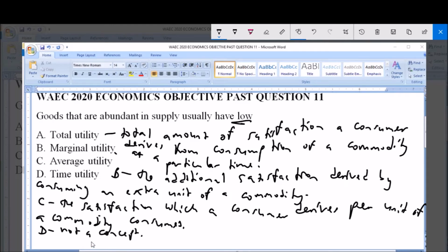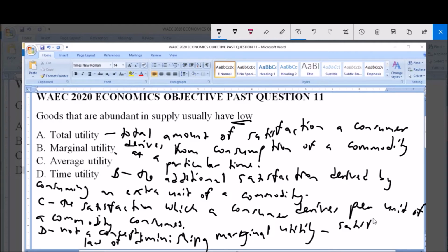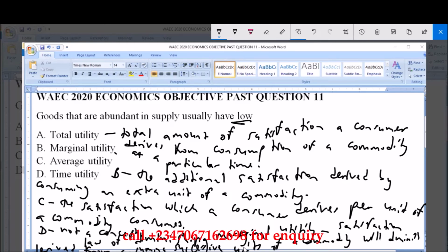There's a concept known as the law of diminishing marginal utility, and this law states that the satisfaction derived from consuming successive units of a commodity will diminish as total consumption increases.